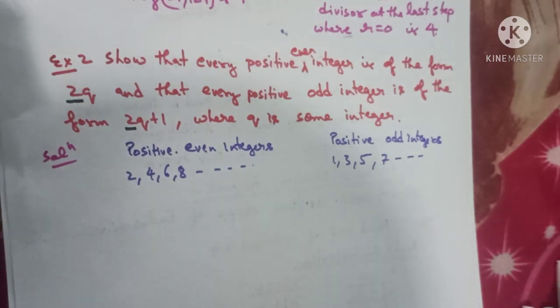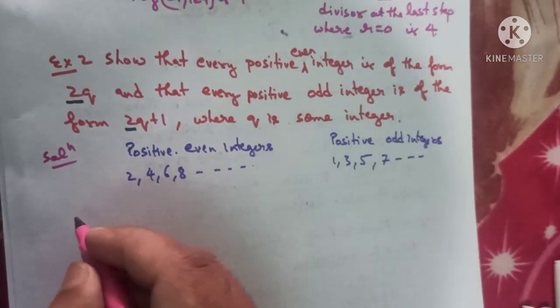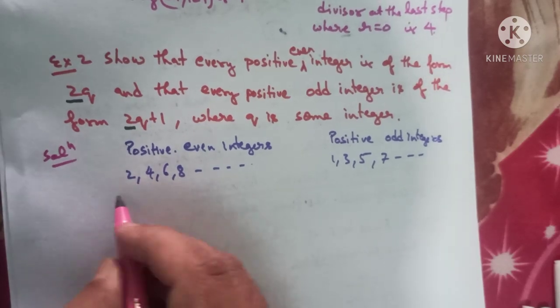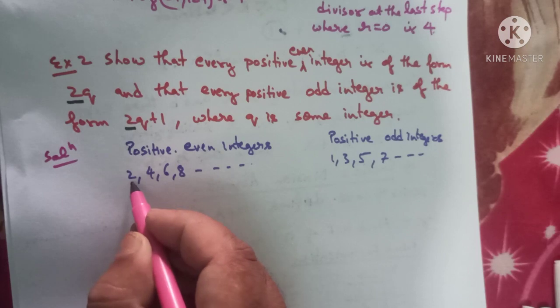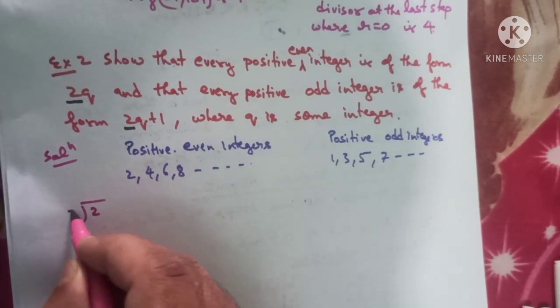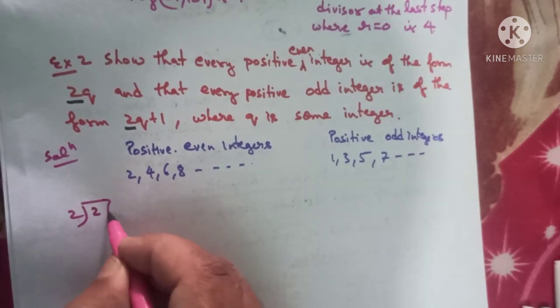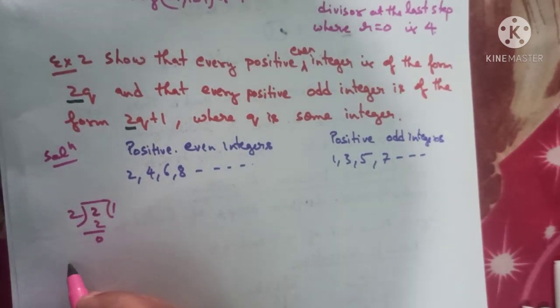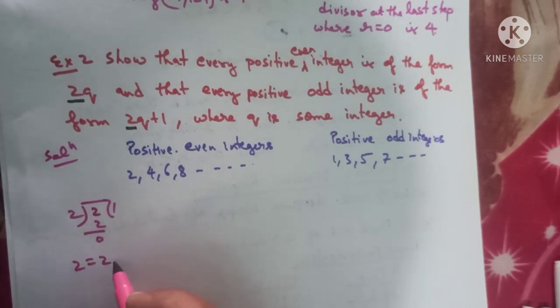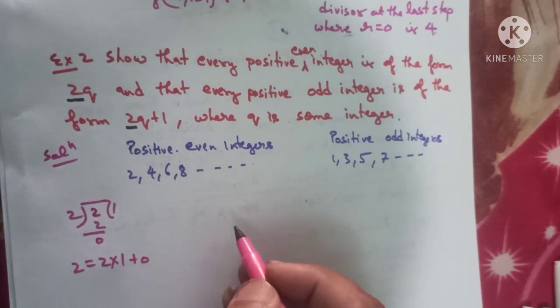Let us check. If we divide 2 by 2, we get 2 ones are 2 and the remainder is 0. So we have dividend 2 is equal to divisor 2 times quotient 1 plus 0.